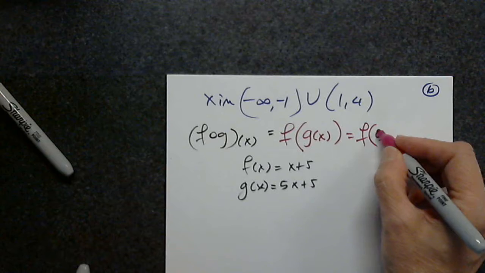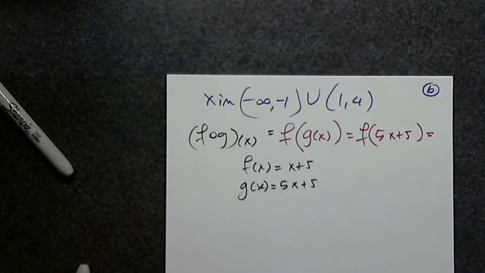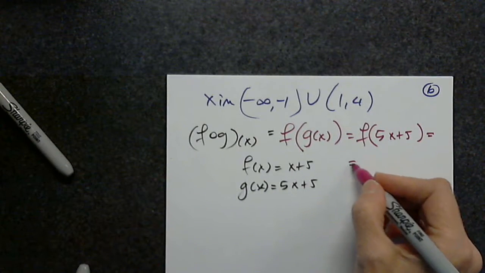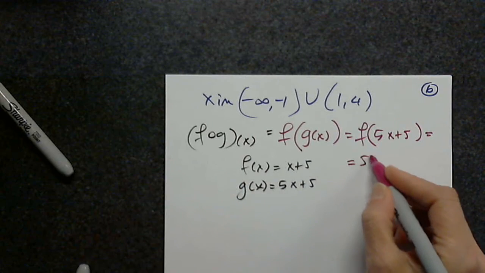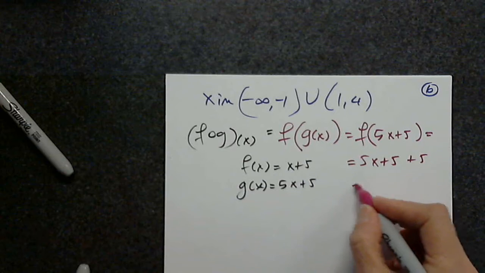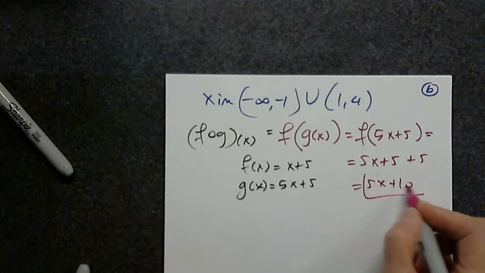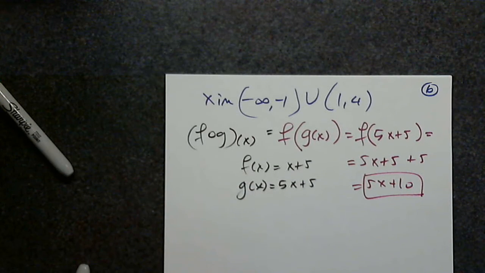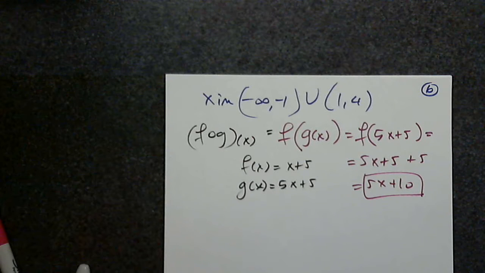It's 5x. Very good. And now I take a moment and look at f. F says whatever plus 5. So what do I write? Very good. So this is 5x plus 10. Is this clear? Do I need to explain any further? Is this okay?